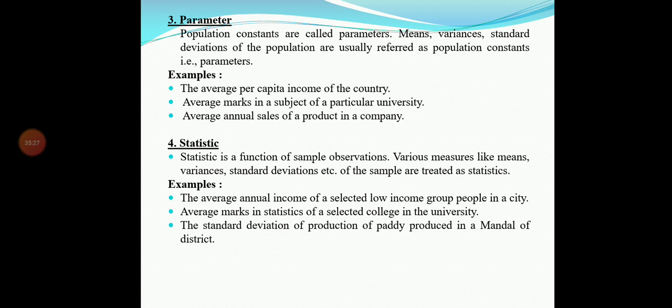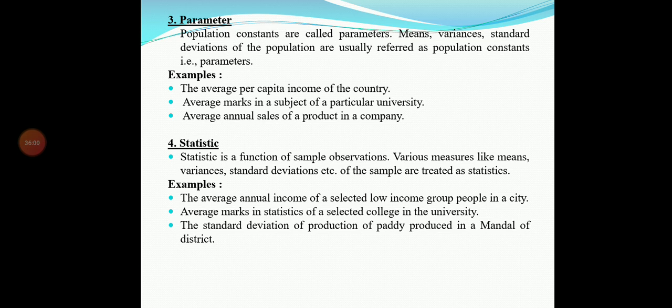The average annual income of a particular group, maybe a low income group or middle income or high income in a particular locality in a city, is nothing but a statistic. Similarly, the standard deviation of production of paddy in a mandal of a district. Why are we specifying both? Mandal represents the sample, district represents the population.